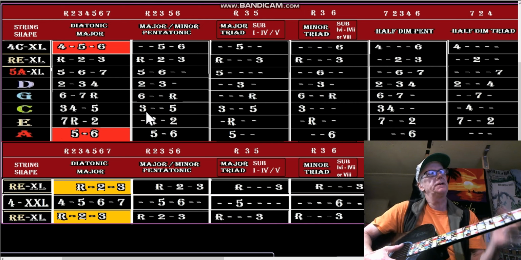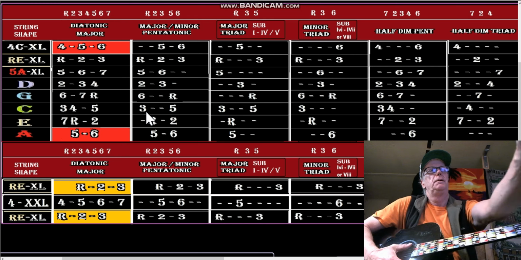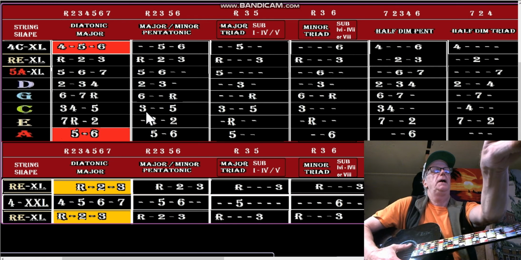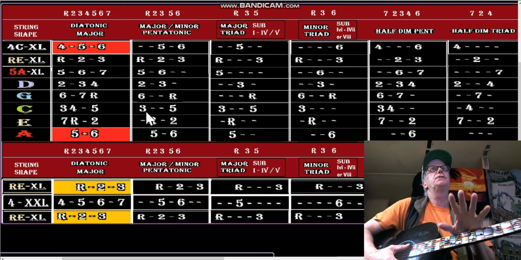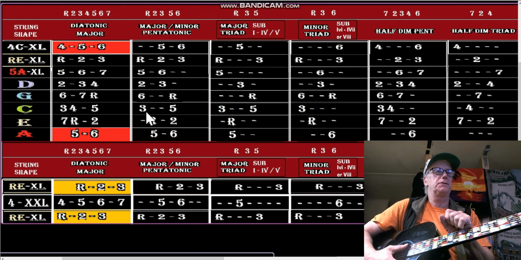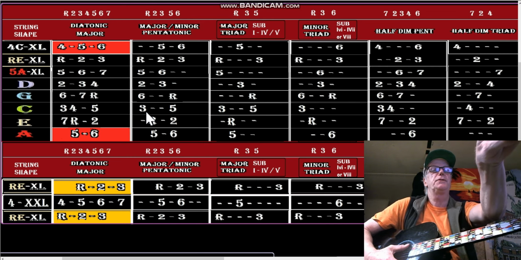Okay, so that's just an inversion of the key of C. All right. Now, traditionally, we would want to really consider playing an E minor pentatonic following its major G. So we'd have to do a substitution there to get that G.